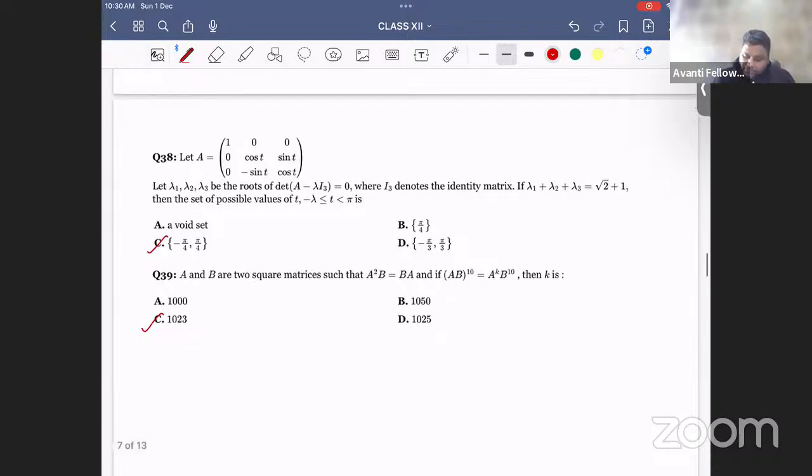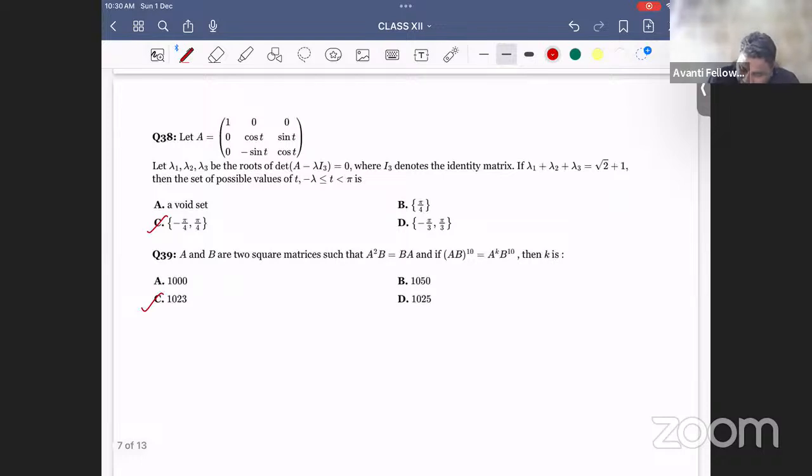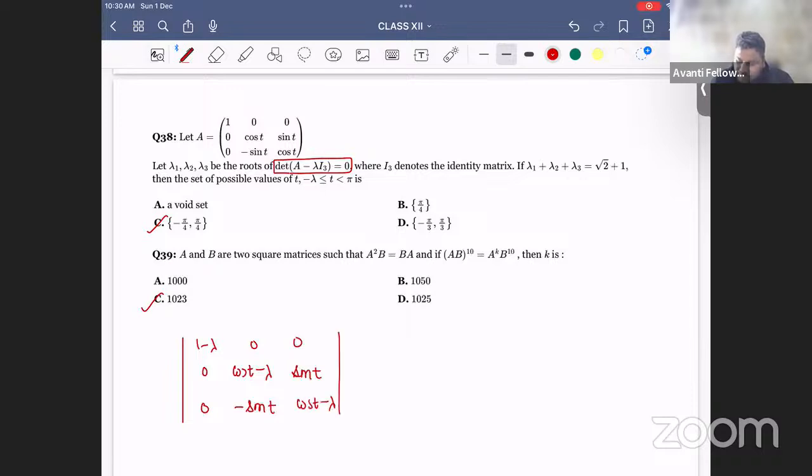All right. First of all, let's do this. Determinant of A minus lambda I is 0. That means the determinant of 1 minus lambda, 0, 0, 0, cos t minus lambda, sin t, 0, minus sin t, cos t minus lambda is going to be 0.